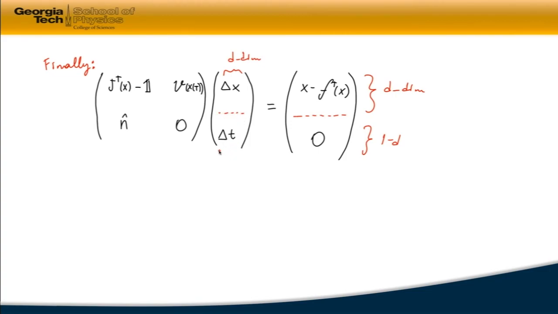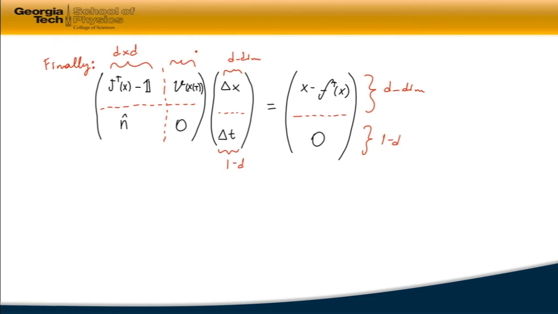Below, the correction to the period is 1. Upper left block of our big matrix is a d by d matrix, because Jacobian is d by d and identity is a d by d identity.